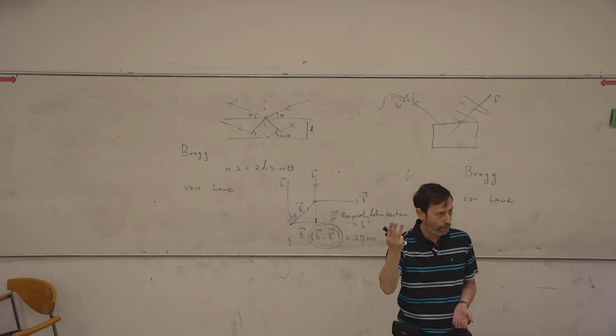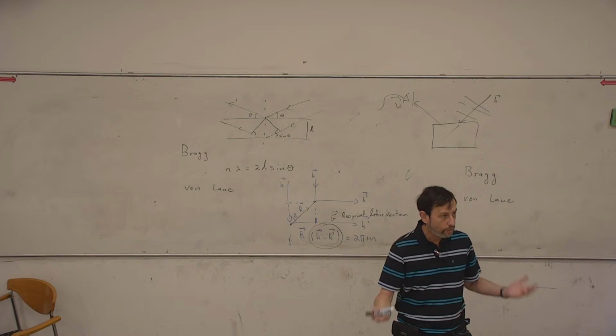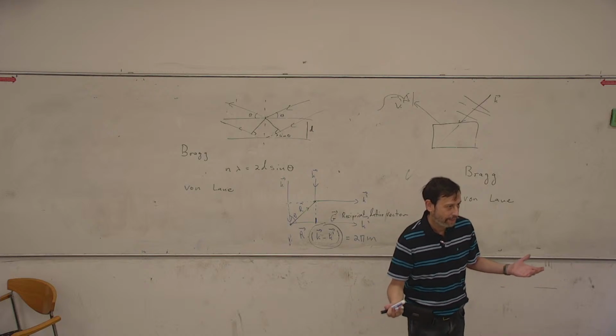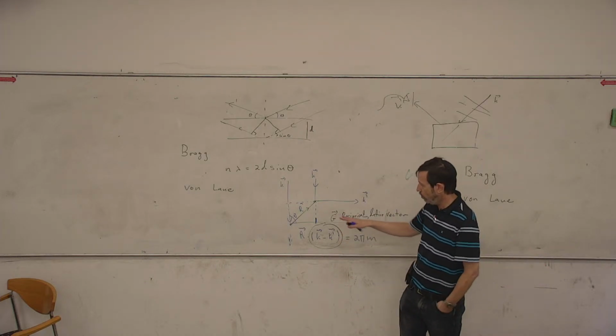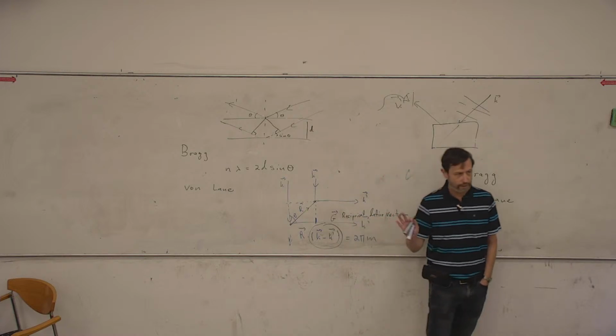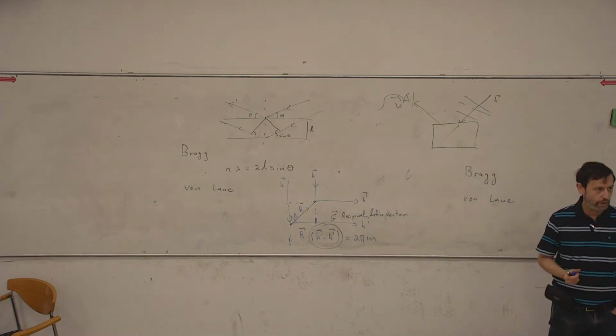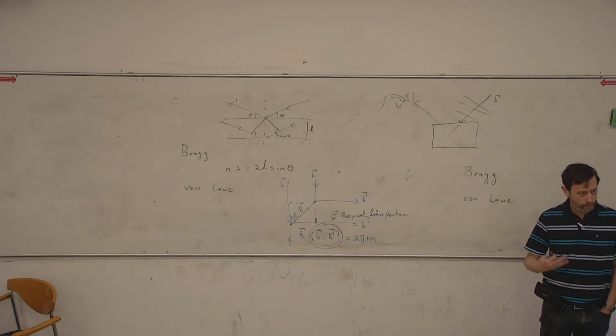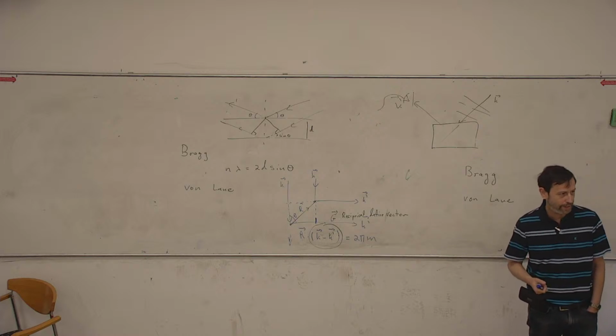It's very improbable, so you don't change the energy. So it's the same wavelength. We'll do examples for this in the next lecture, and also discuss some interesting things that we do with X-ray scattering, and that's for the next.